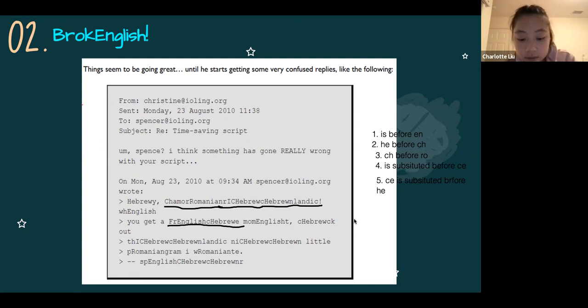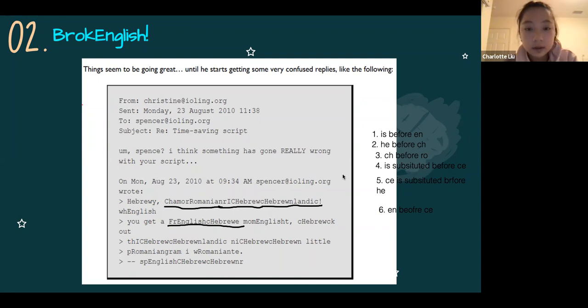So we have to see which one's substituted before. Okay, so then we also see that the last thing is that EN is substituted before CE. So we just gathered that list of rules from these two words.